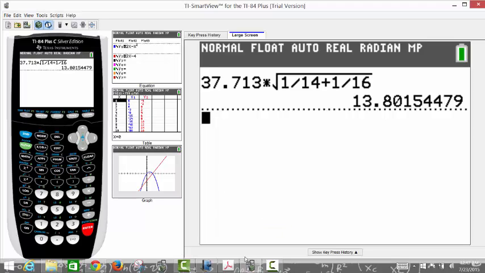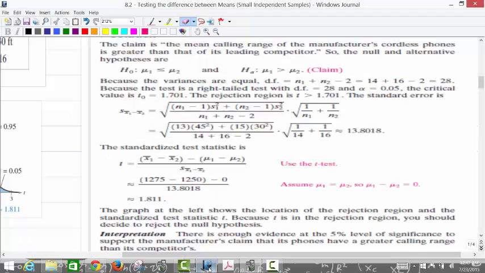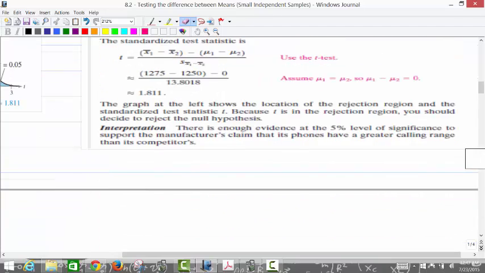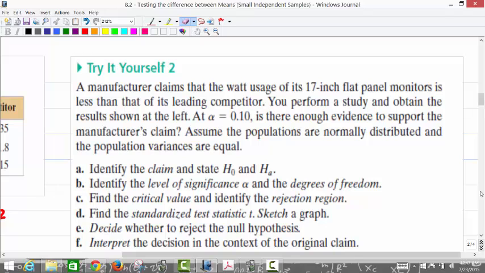That's what that number is in the calculator. You see, the final answer was right. It's just that label is just for the big part of the square root without multiplying it by the other part. But not to worry, because you would ultimately be looking for the final t result here, the 1.811. You would not need that. All right, so let's scroll down here.